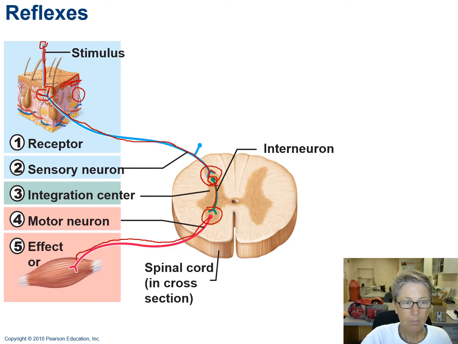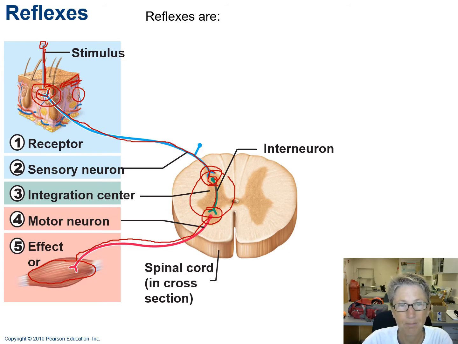So these 5 components in a reflex arc are the receptor, that's the sensory afferent receptor out here; the sensory afferent neuron itself; the integration center in the spinal cord, which includes synapsing with an interneuron; the 4th component, the motor neuron; and the 5th component, the effector. The effector in this cartoon is a skeletal muscle.